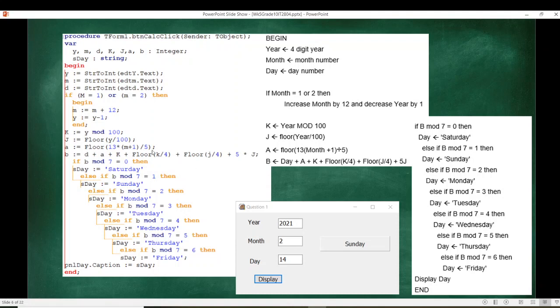The rest of it, as you can see, was pretty straightforward. And then we had a nested if statement that evaluated: if B mod 7 equals 0, then S day gets Saturday, else if B mod 7 equals 1, and so it went through all of the possible remainders to determine what day to display in the panel. Okay, so that's an example of how you would turn an algorithm into Delphi code.